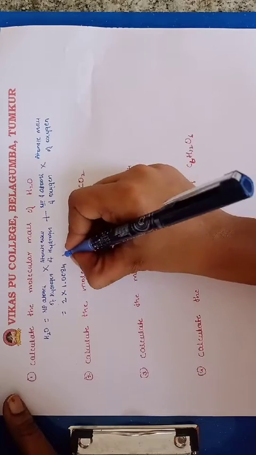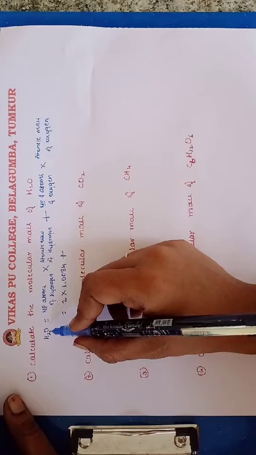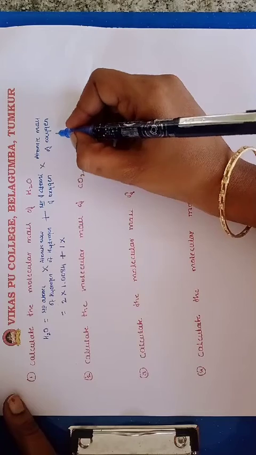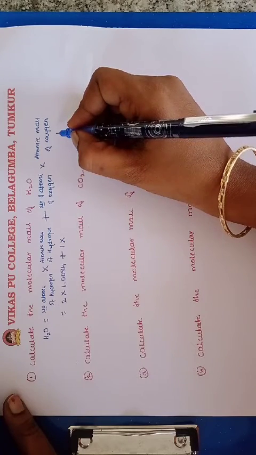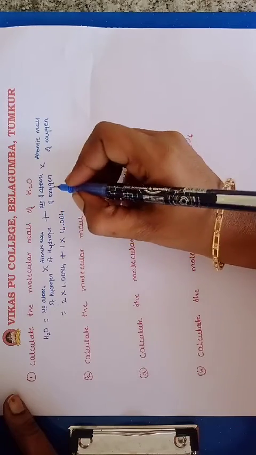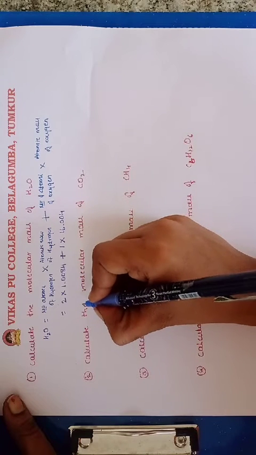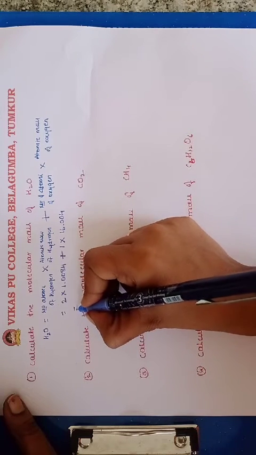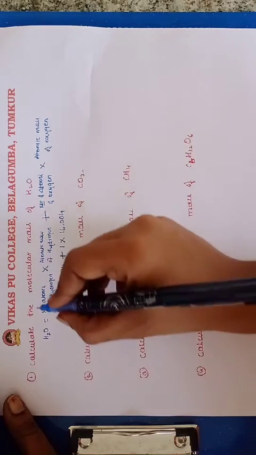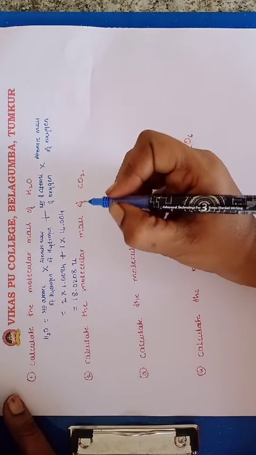Plus number of atoms of oxygen, which is 1, so 1 into the atomic mass of oxygen, which is 16.004. Then you calculate this, and you get 18.0208. The unit used for molecular mass is u, unified mass.